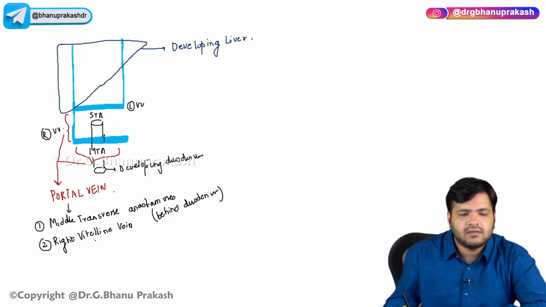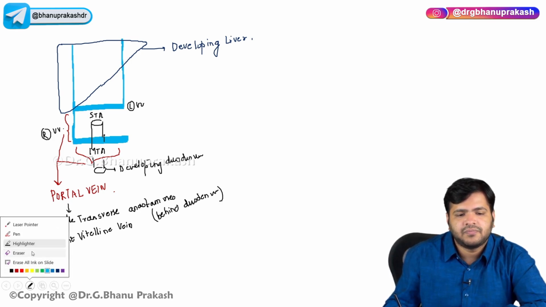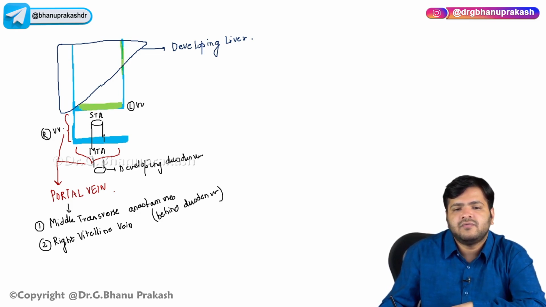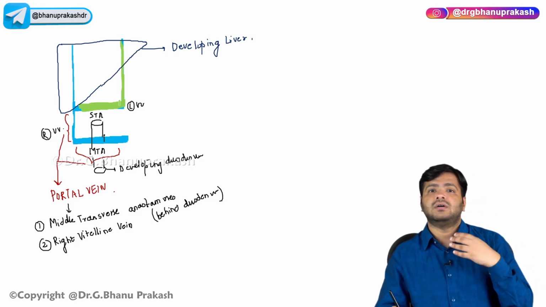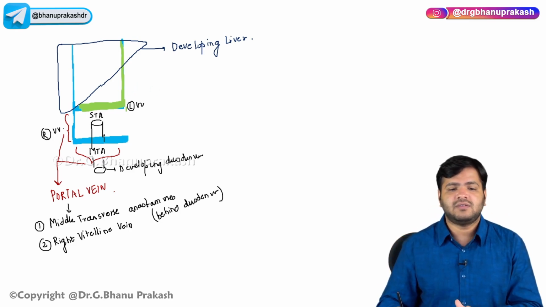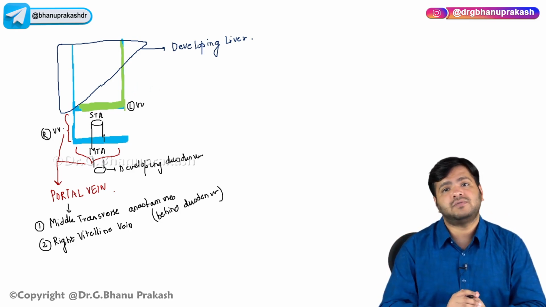Now on the other hand, if you see the one which I am highlighting right now, this part and this part will together form the branch of the portal vein, and this is towards the left side, so it will form the left branch of the portal vein.